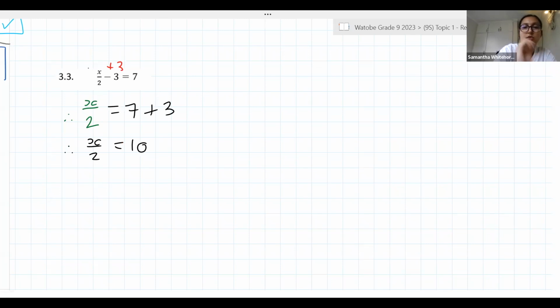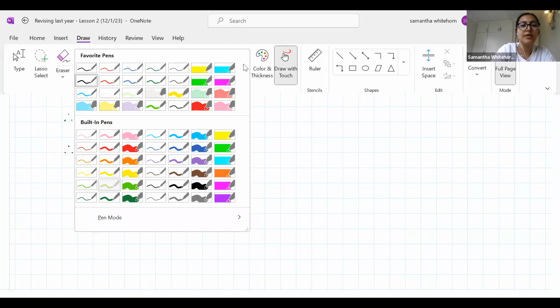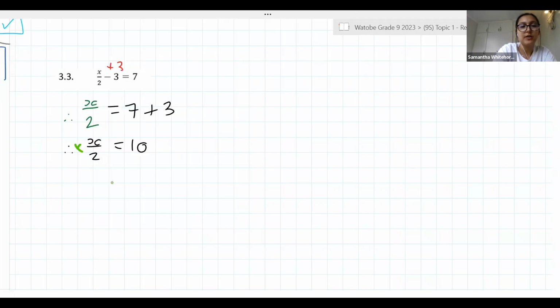Now, as Tato told us, the opposite of division is multiplication. And so now in order for me to deal with this division by 2, I have to times by 2, and that will get rid of that division. But I can't just do that on the left. I also need to do that on the right-hand side.